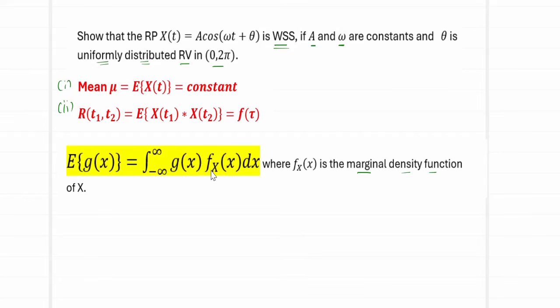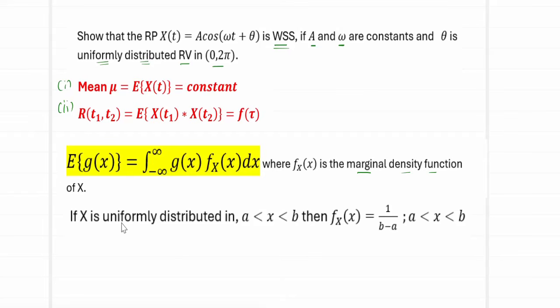Now, what is said in our problem? Theta follows a uniform distribution. And what do we know about the marginal density function of a uniform distribution? When x is uniformly distributed in the interval a less than x less than b, the marginal function is given by 1 divided by (b minus a) for a less than x less than b.